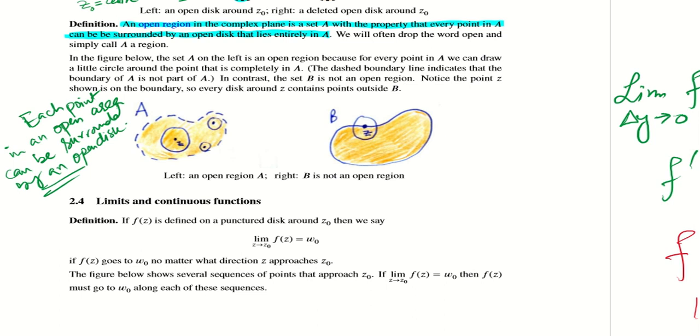You know what an open disk is. We are given two examples, this one and this one. Just keep in mind that this dashed line is not a part of this area. The dashed line is not included in this area.